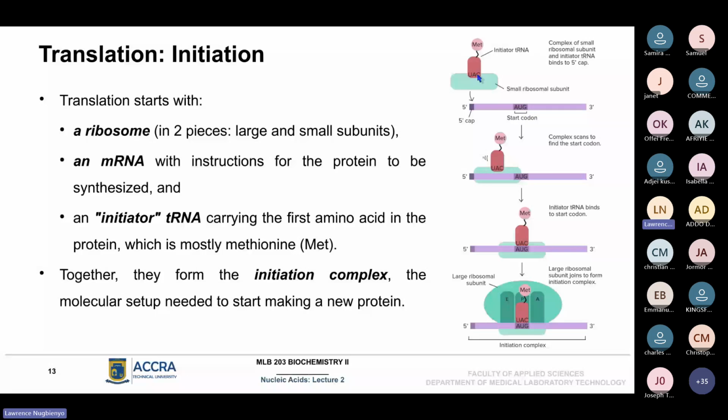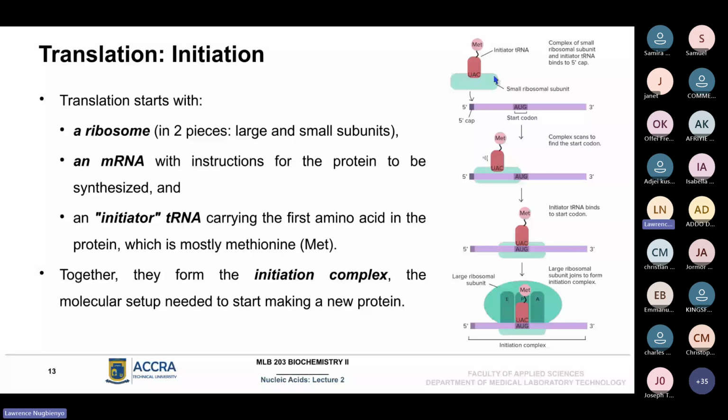So clearly this is the first one. The first amino acid is methionine for that initiator transfer RNA, starting the process of translation or gene expression or protein synthesis. They mean the same thing.